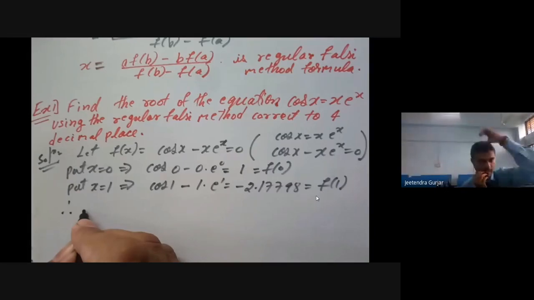If we have to simplify further, substitute the values. What is cos 1? Put it in the calculator directly. It is a simple calculation.